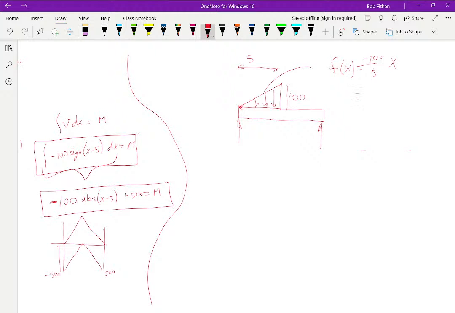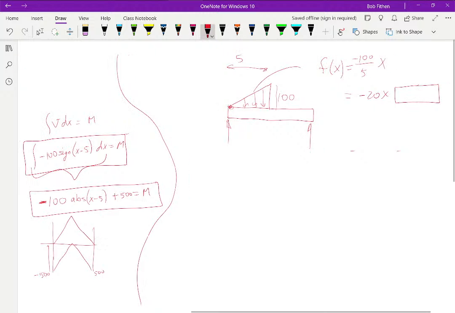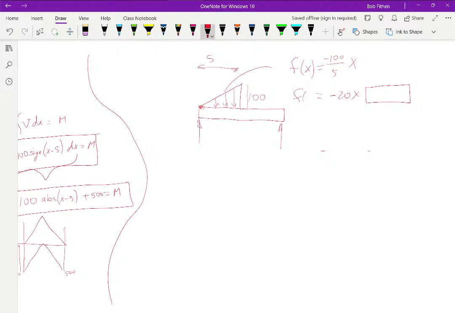And so what you would have is minus 20x, but it only occurs from x equals 0 to 5. The load does not occur over here.